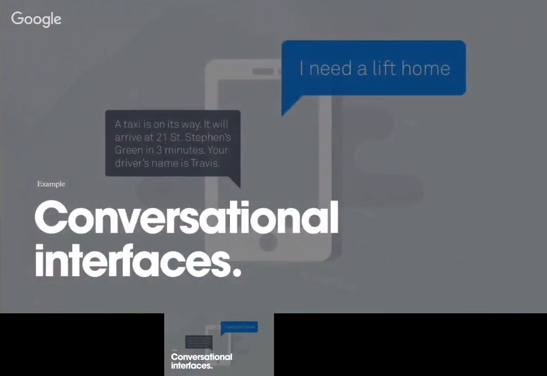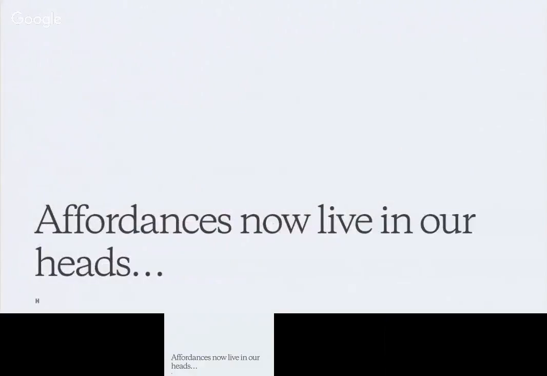Conversational interfaces are another layer of complexity in which the affordances are not there anymore, and the mental model of what that thing does is no longer stable, right? Because it's changing all the time, because its capabilities are being augmented and updated by the cloud, and because a lot of the modeling itself is changing, right? So the point is that affordances, where they used to live in the interface, now increasingly live in our head, right?